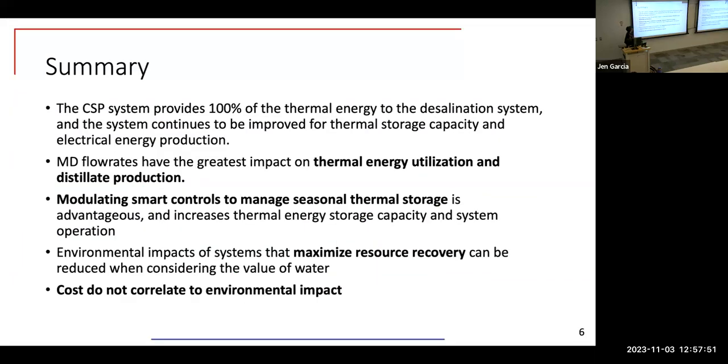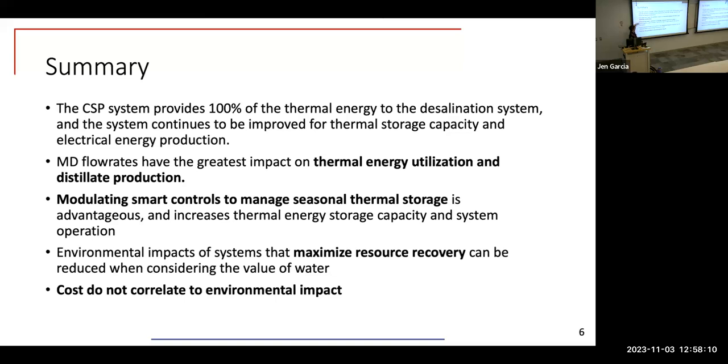So just to conclude, essentially where costs don't correlate to environmental impacts, modulating our system with smart controls to manage seasonal thermal storage is really key and something we're looking into more.